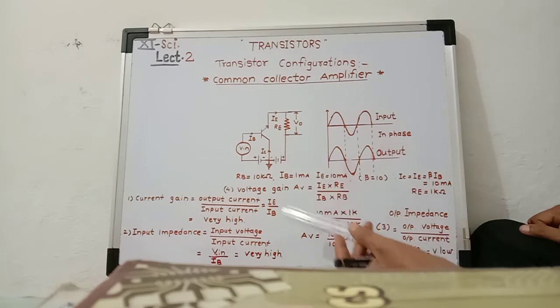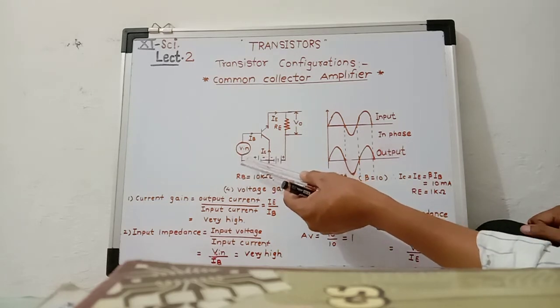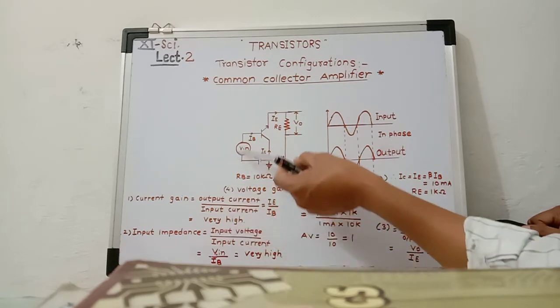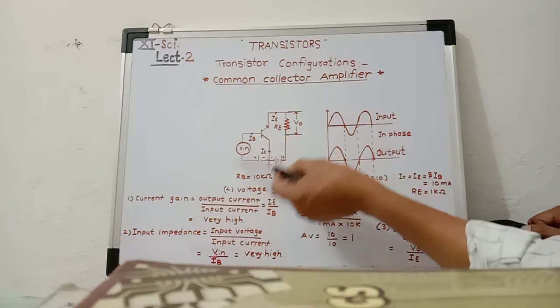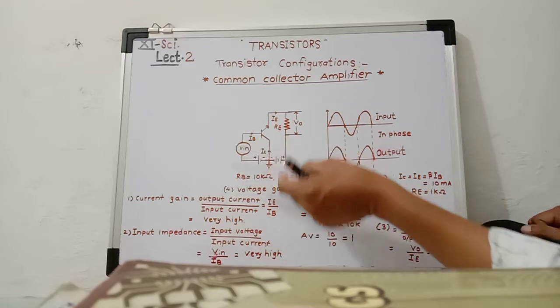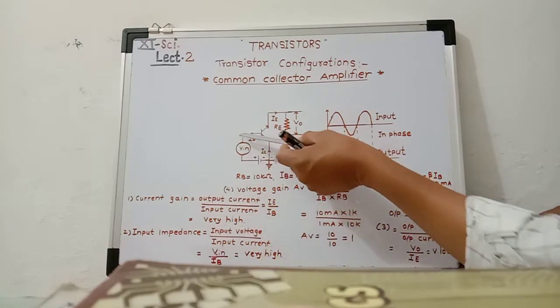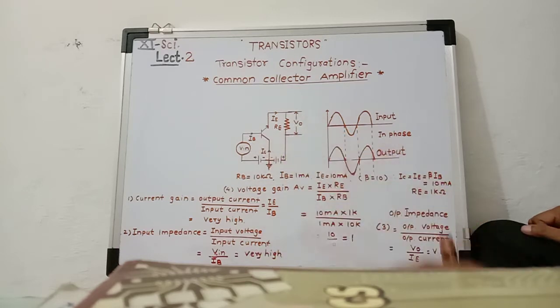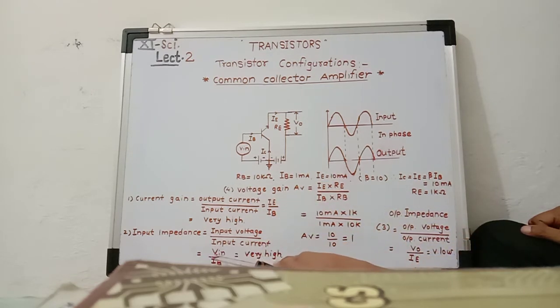Input impedance is equal to input voltage divided by input current, which is the base current IB. Since the base current is very small, the input impedance is very high.